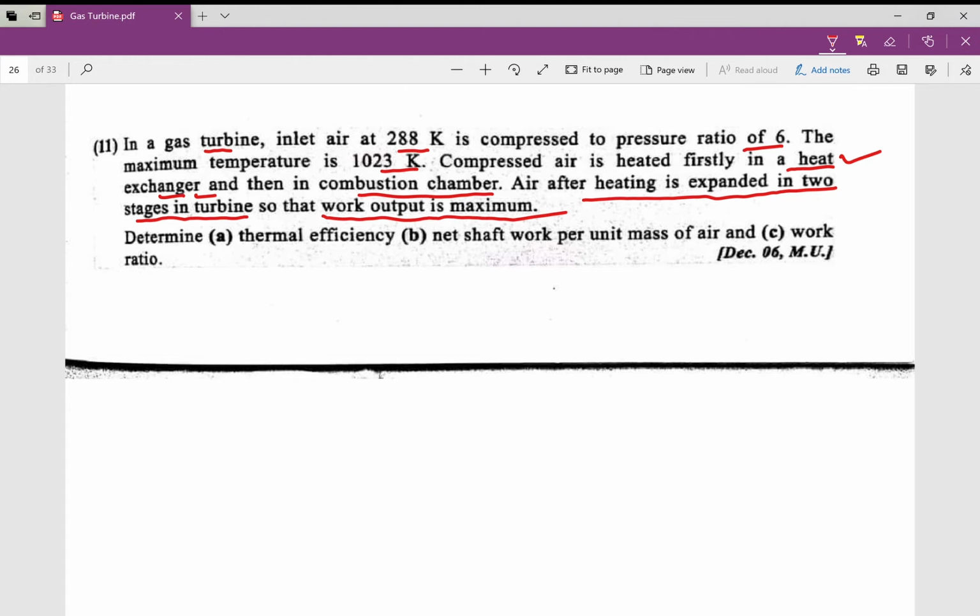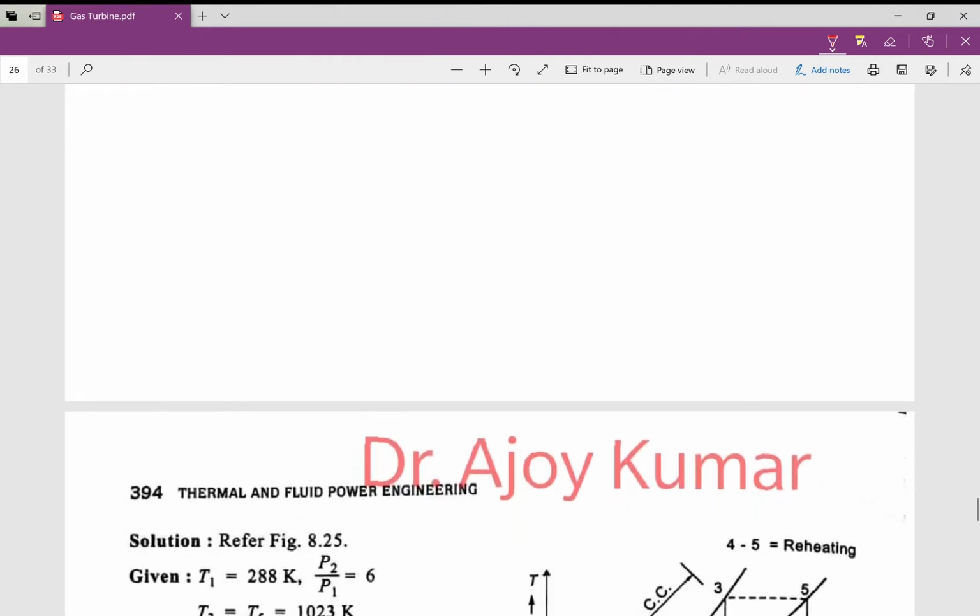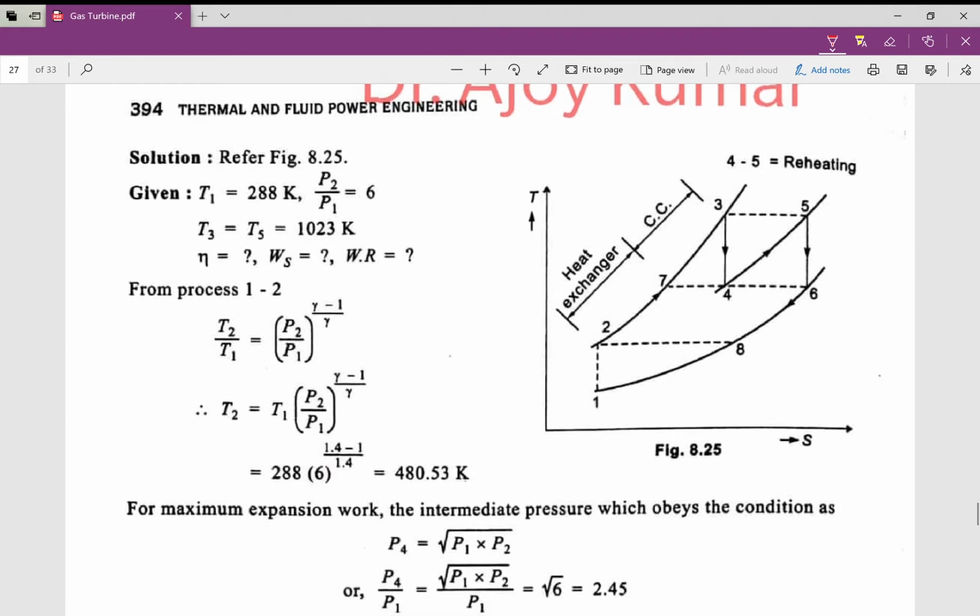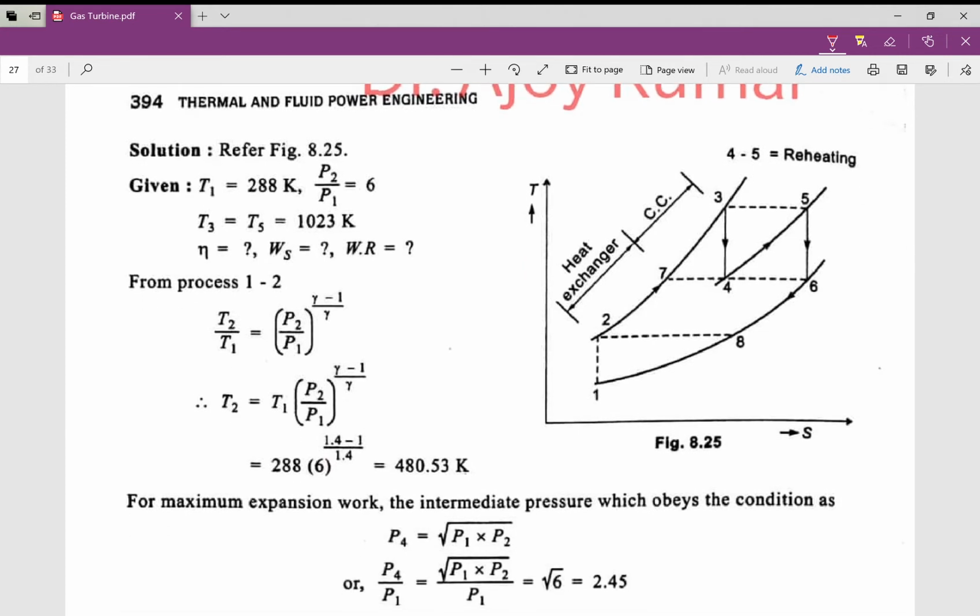But to calculate thermal efficiency, net shaft work per unit mass of air, and then finally the work ratio. Work ratio we know that is net work output divided by turbine work. So yes, dear students, let us go first through the given data.